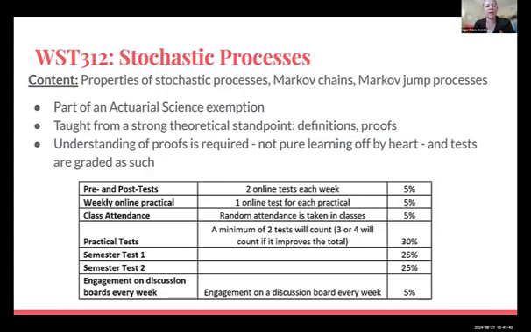I also have each week an online practical, a small online test that's automatically graded, just on ClickUp, not anything fancy there. That's also to make sure that they do the practical of that week in time, that they don't fall behind. The practicals of each week follow on from the theory. So we do the theory, and then they have to code it.